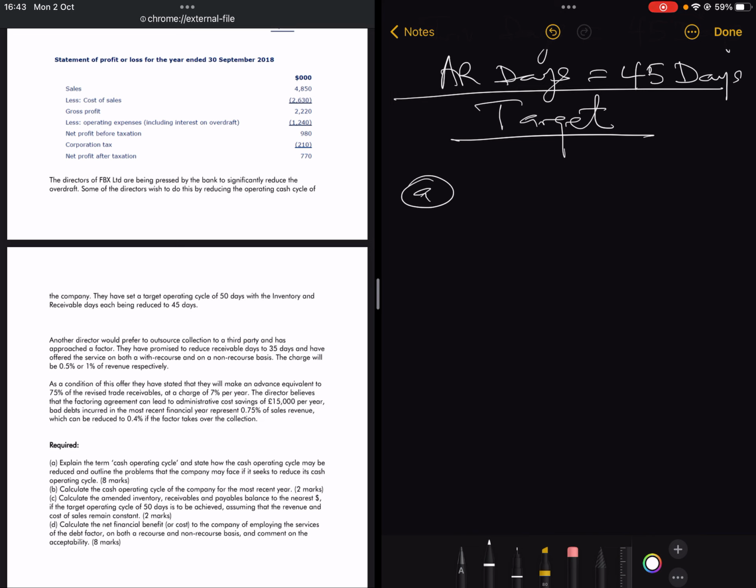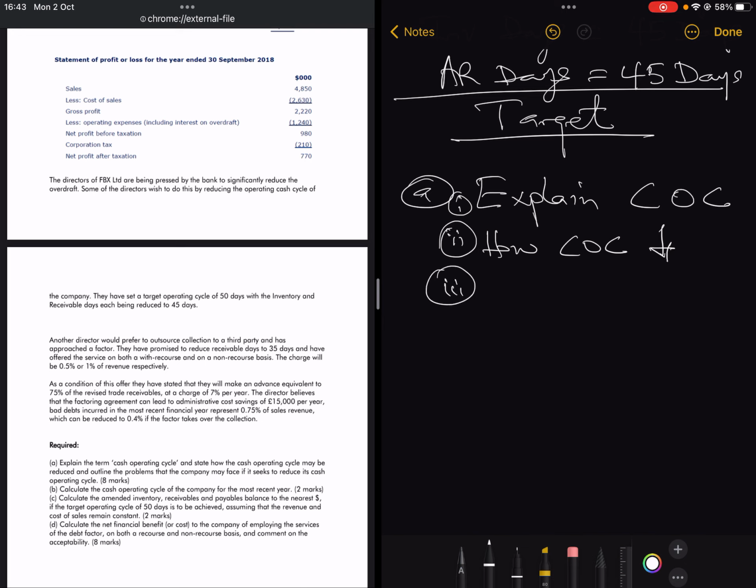This A requirement has 3 questions in it. The first one is explain cash operating cycle. That's the first component. The second component in that question says how cash operating cycle can be reduced.